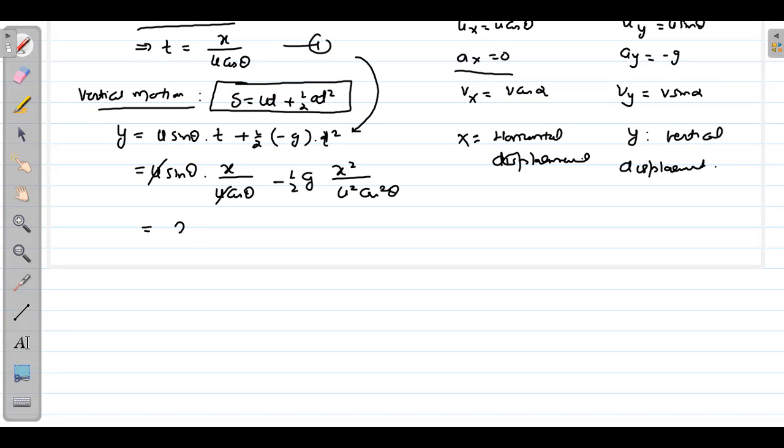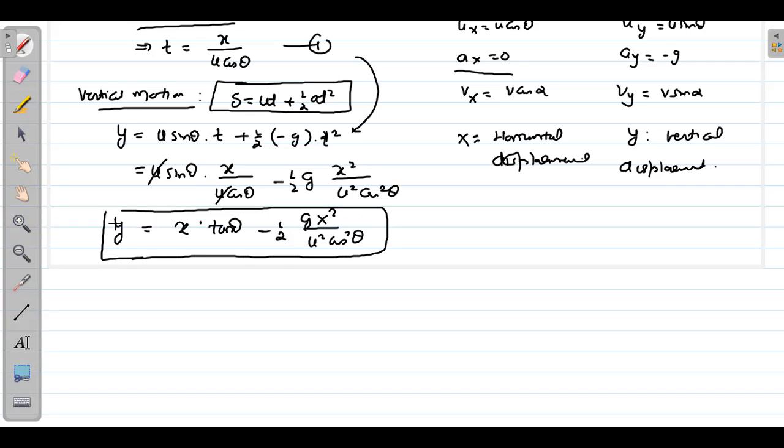So we get x, and sin theta by cos theta is tan theta, x tan theta minus half g x square by u square cos square theta. This is y equal to. This is the equation of the trajectory of projectile motion.